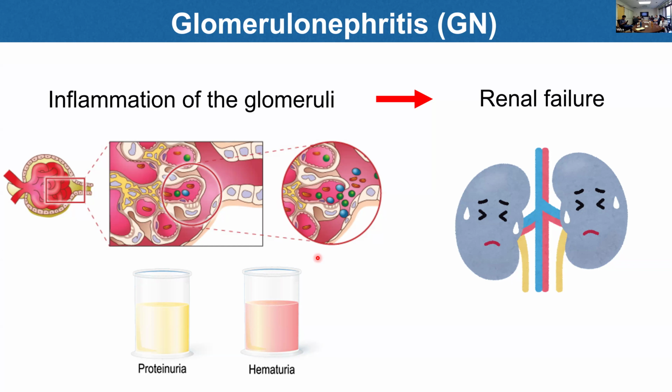That means you have a little bit of proteinuria and a little bit of hematuria because you have inflammation. But when you have a disease that hits the podocytes directly, then you have massive proteinuria and nephrotic syndrome. You don't always have hematuria, but when the kidney is too bad, all the cells and everything can be affected.